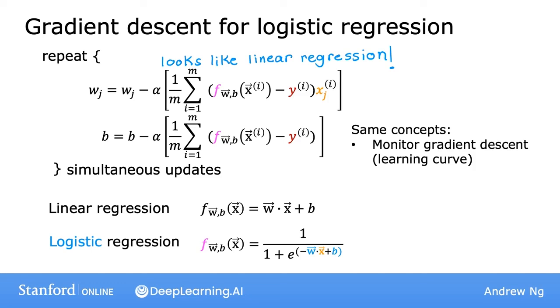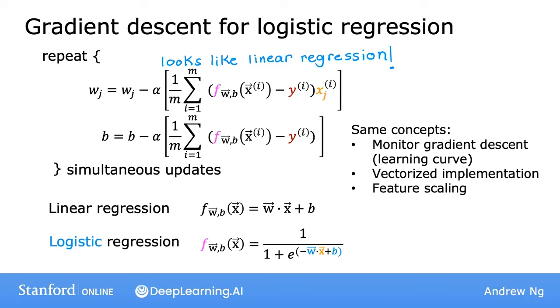Similar to the discussion on vectorized implementations of linear regression, you can also use vectorization to make gradient descent run faster for logistic regression. I won't dive into the details of the vectorized implementation in this video, but you can also learn more about it and see the code in the optional labs. So now you know how to implement gradient descent for logistic regression.